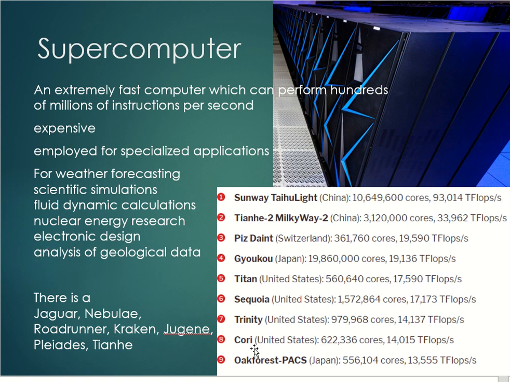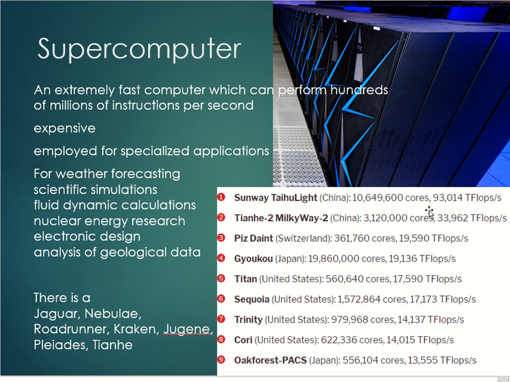And these are the supercomputers in the modern world. Sometimes the performance may be adjusted. And in China we have the Sunway TaihuLight. It has this number of processors, and the speed is 93,000 teraflops.